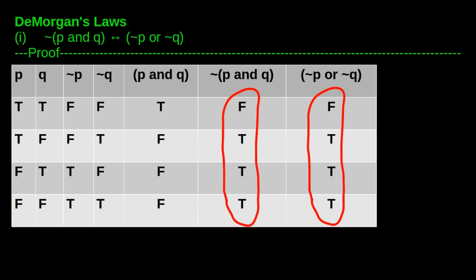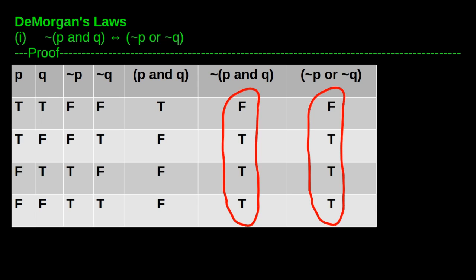And so what we want to recognize is that the second to last column, for not (P and Q), has the same sequence of truth values as the last column, not P or not Q. The same sequence: false, true, true, true. And what this indicates is that for the same truth values of P and Q, not (P and Q) and not P or not Q have the same truth values.